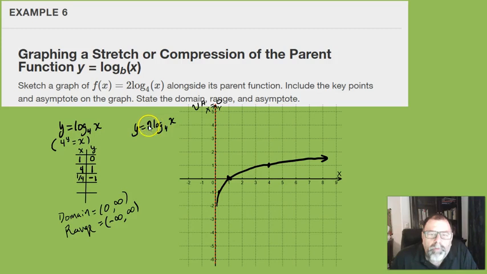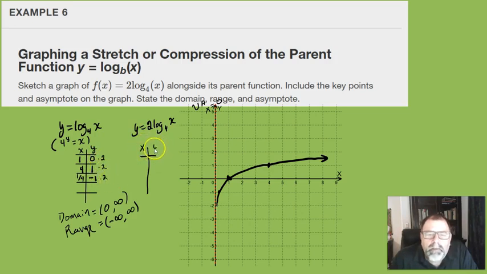And then we're going to multiply it by 2 if you do order of operations. So you're going to figure out what log base 4 is of x, and then multiply it by 2. Well, we already did that. So you just have to take this value and multiply just the y coordinates by 2.